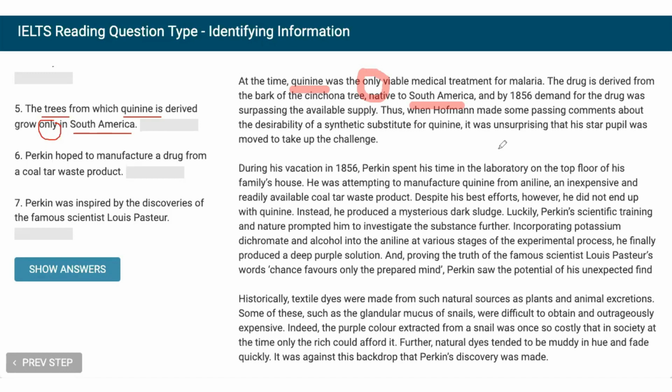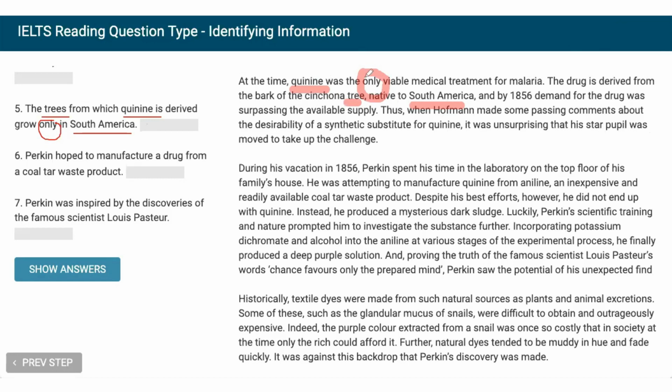So we see these keywords and we see only, so we have to keep reading because we're not sure if this could be false or not given. So we really need to understand if this tree is only available in South America. And this paragraph doesn't reject or confirm that idea. We know that quinine is from a tree in South America, but we don't know if it's available only in South America.